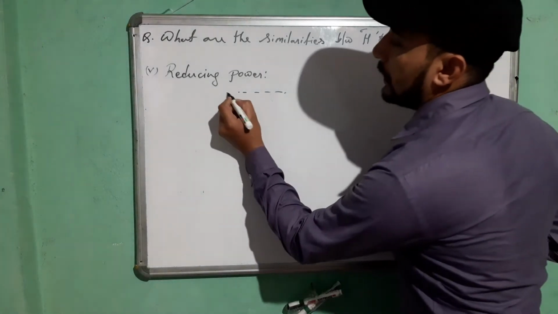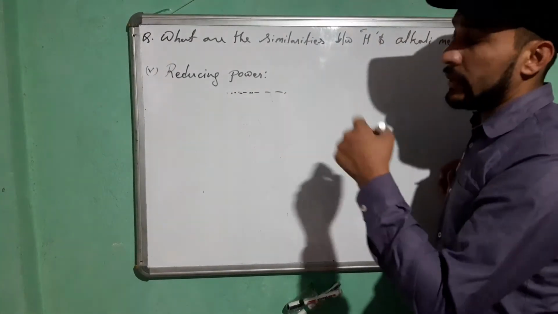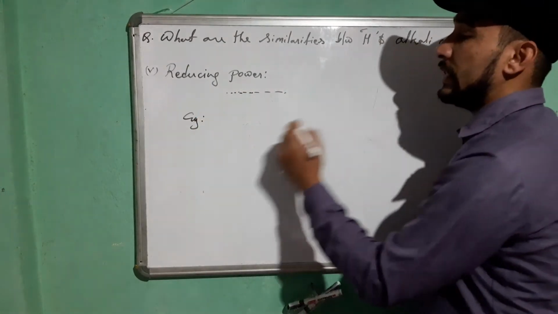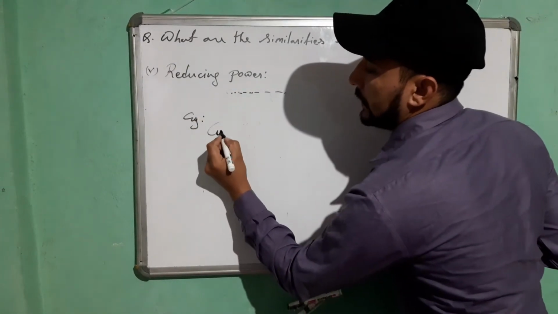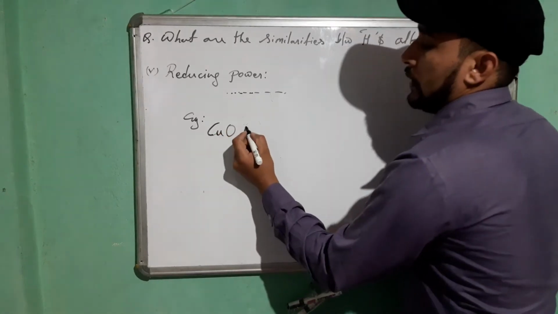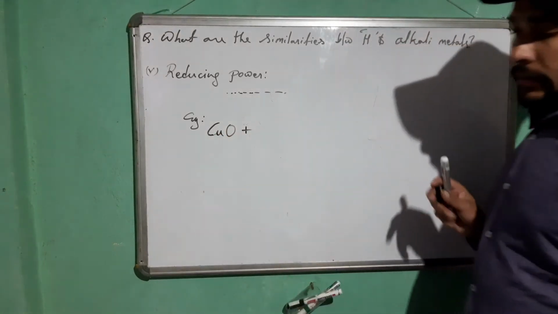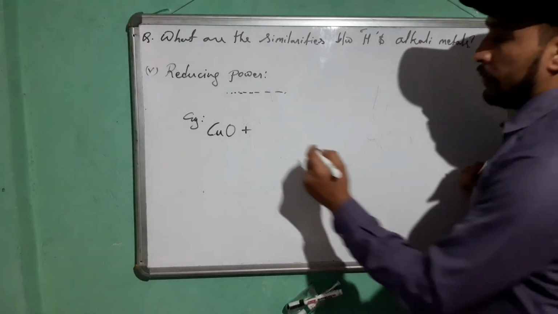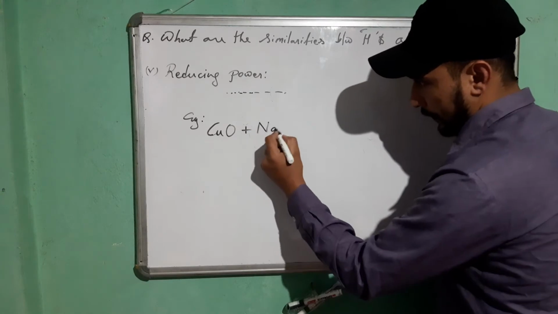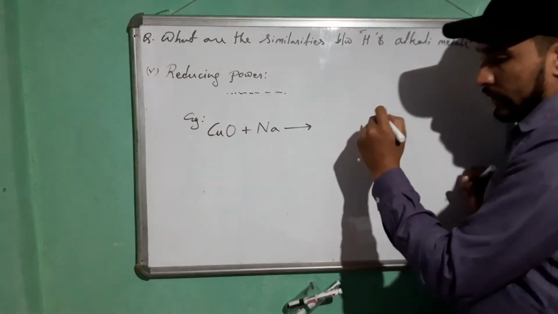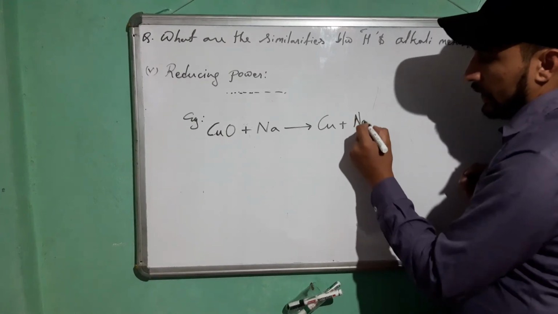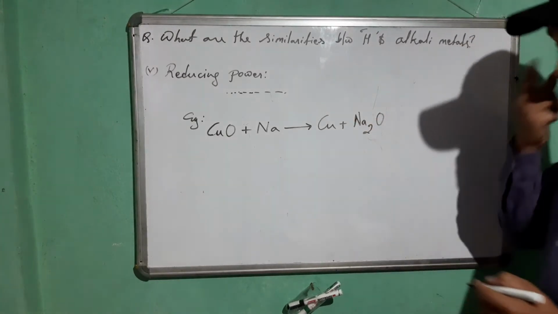And in support of your answer, you can give this example. If you react copper oxide, CuO, with sodium, Na, then you will get copper plus Na2O, sodium oxide.